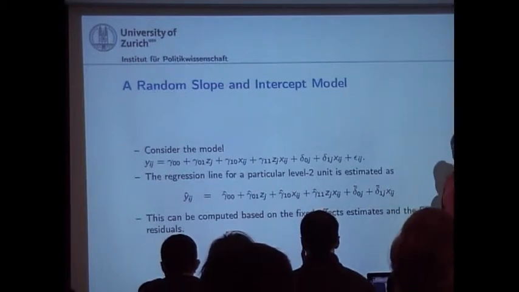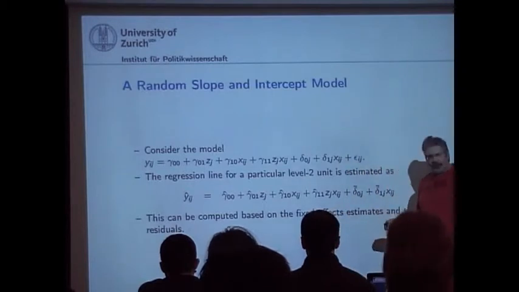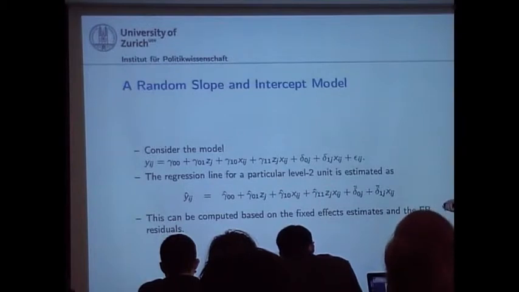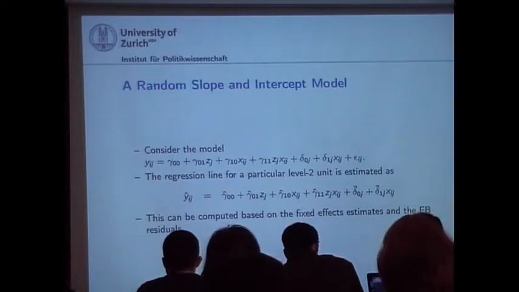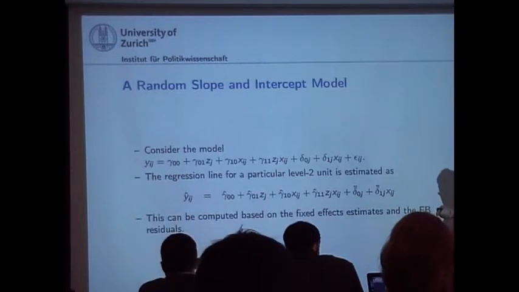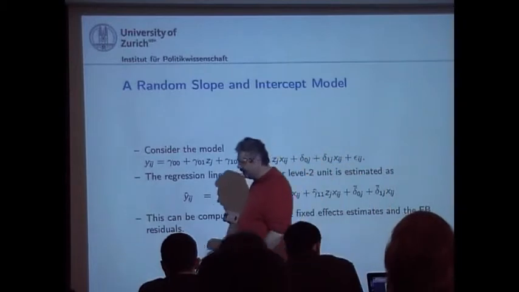We now average only over i, and we end up getting a predicted value that is equal to the fixed portion, plus importantly also these two error components at the end. This is the empirical Bayes estimate for the intercept. This is the empirical Bayes estimate for the slope, and that gets multiplied times the value predicted.